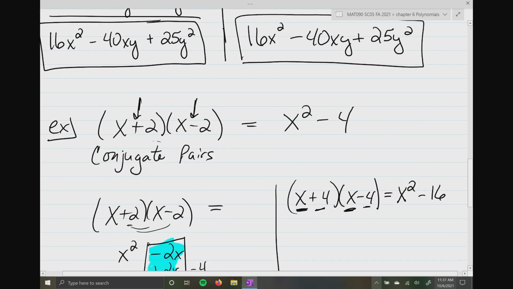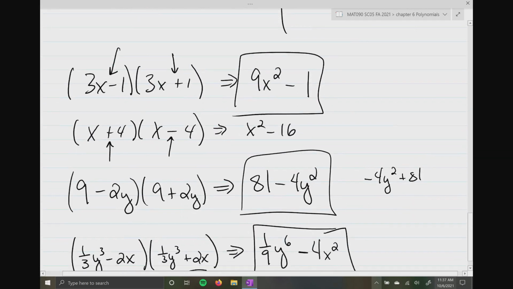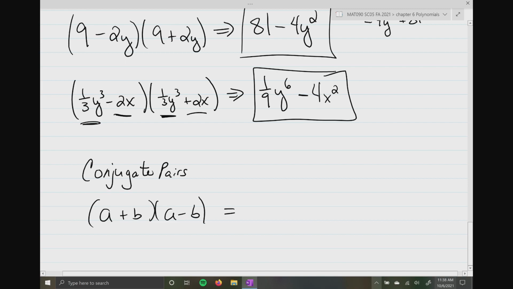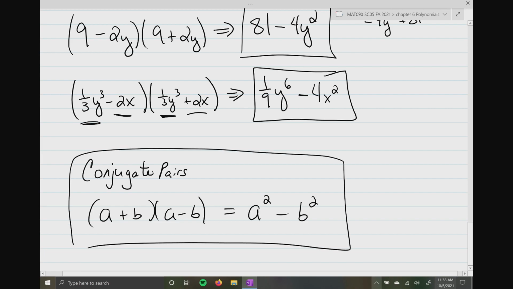This is how I would prepare. I would understand conjugate pairs. I would understand that when you have conjugate pairs, the form is going to look like this, and I would know that if that's the form, my answer will always be this. Now, I don't know how many of us read our book.